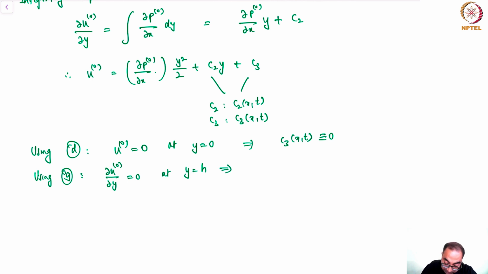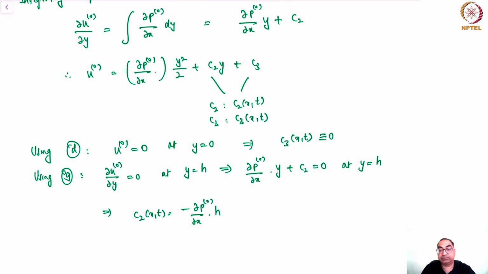This essentially means del p0 by del x times y plus C2 is equal to 0 at y equals h, which implies C2 of x comma t will be minus del p0 by del x times h.